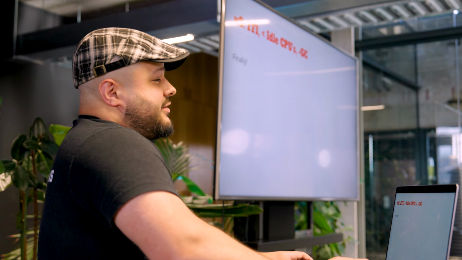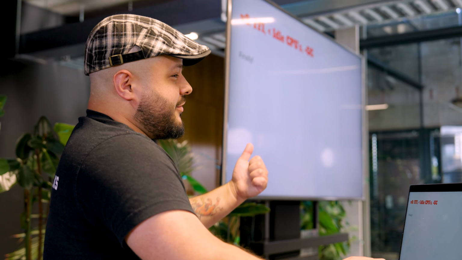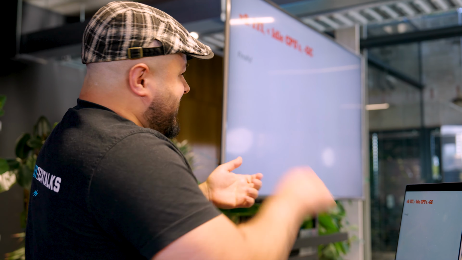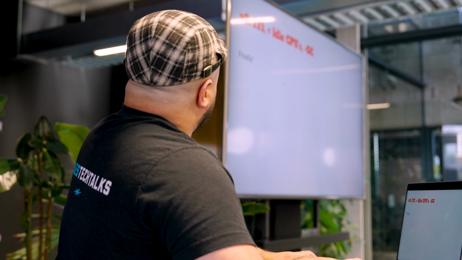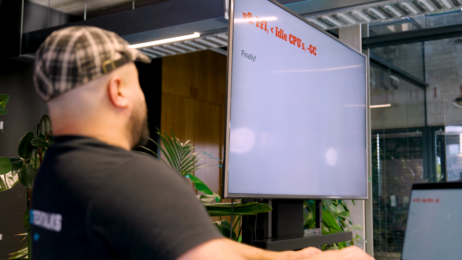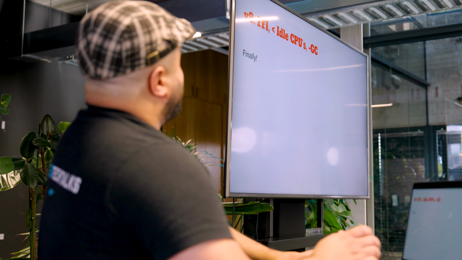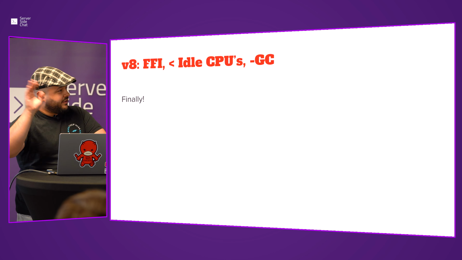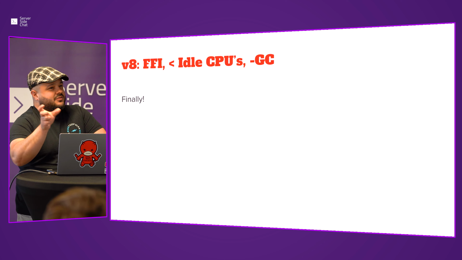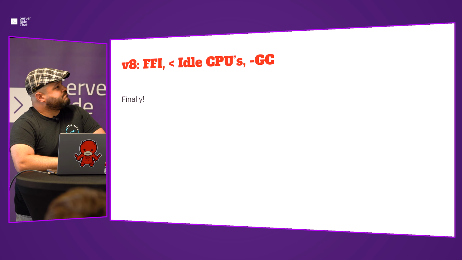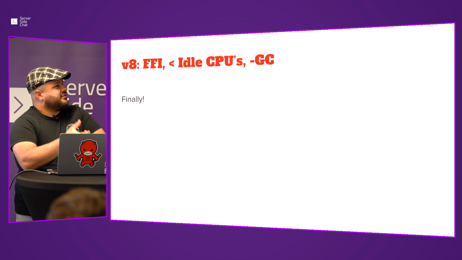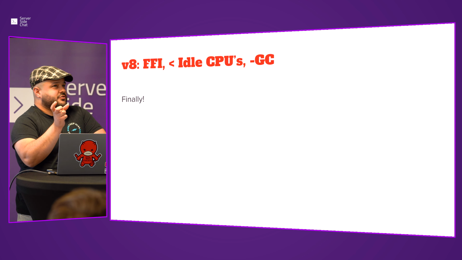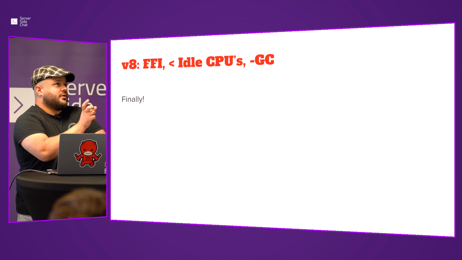I also figured out that I had the GC turned on up until now, and I didn't need it, so I just turned it off. I also read about FFI, a foreign function interface. I could call some C code, which I just did for the parsing, when I knew that it's an integer.